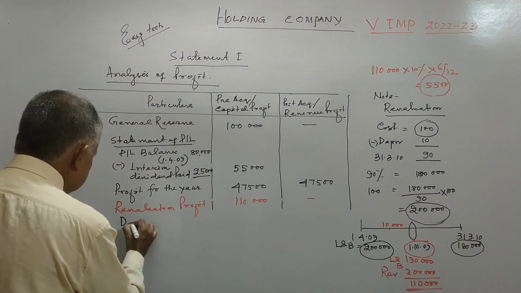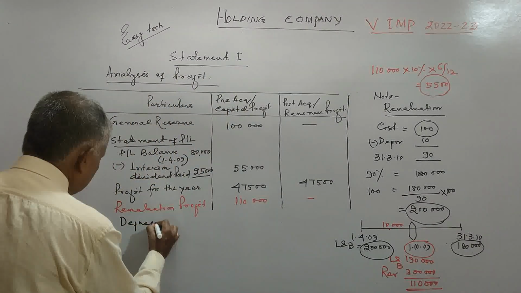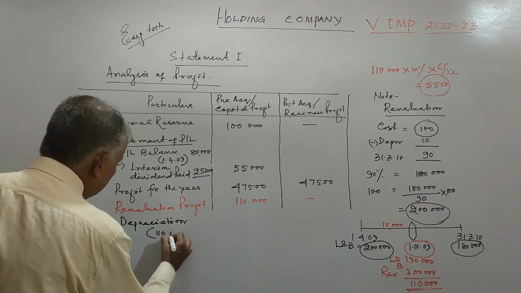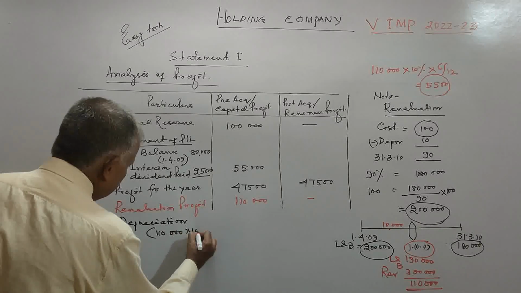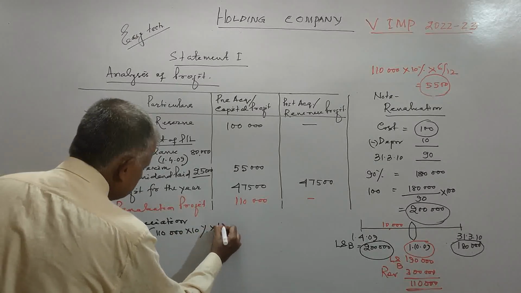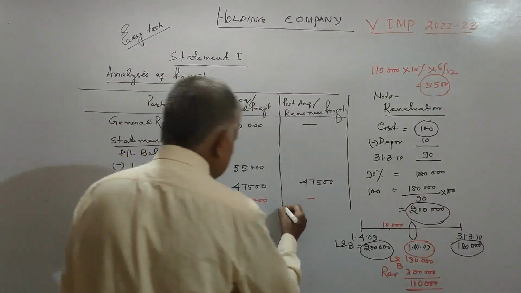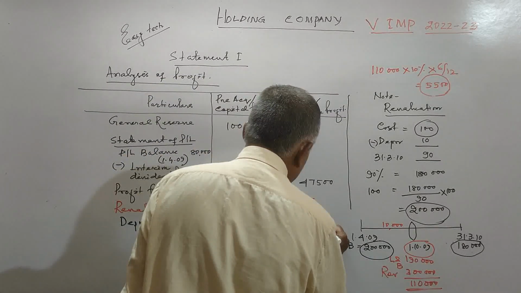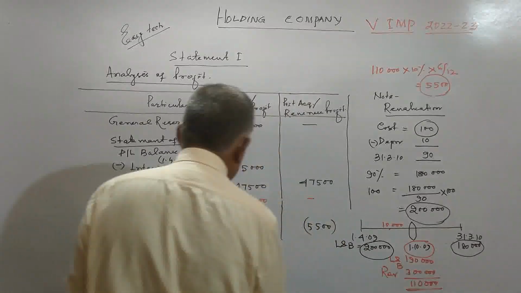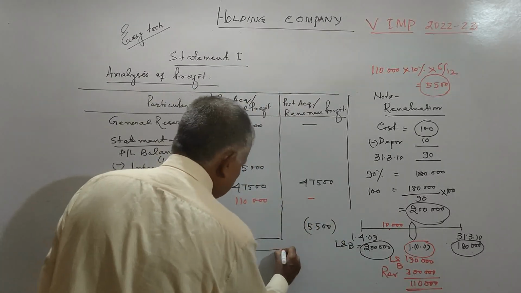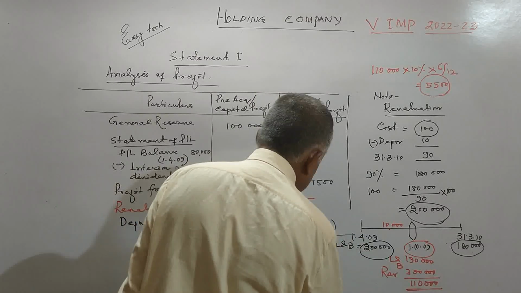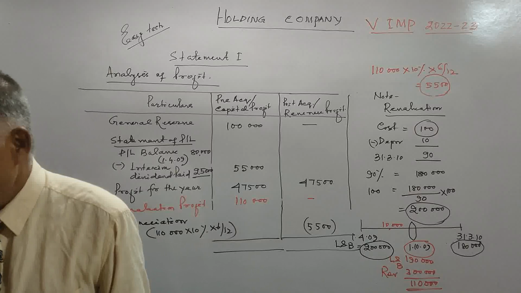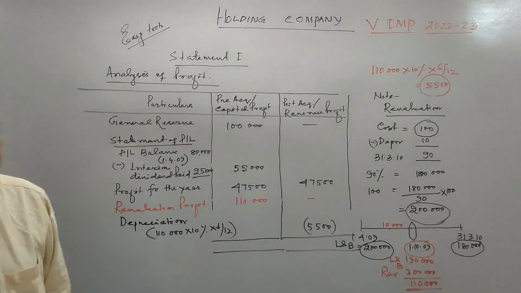So depreciation I am writing here, 1,10,000, 10%, 6 months, it is coming as 5,500, right? So if we add this, it comes to 3,12,500.